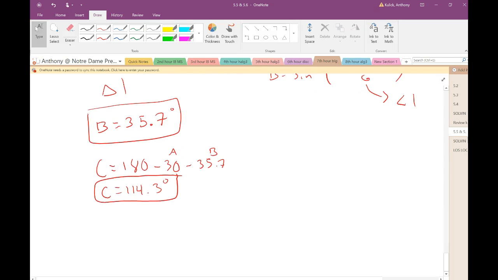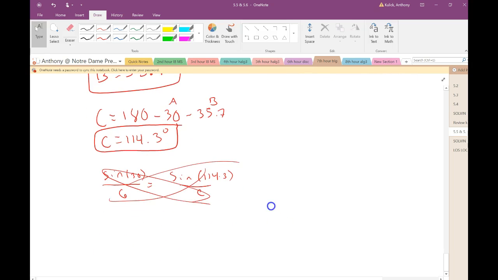Now that I have that, I can find little c by just using the law of sines again. So I can do sine A over A equals sine C over C. And then we'll cross multiply and divide.